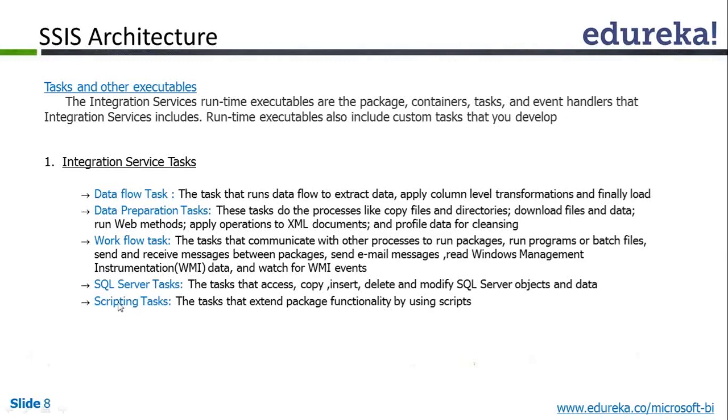So there are a few scenarios I'll show you. In those scenarios, you have to use a scripting task, which is available both in VB.NET and C#.NET. But this is very rarely used in the organizations. If something is not possible in SSIS by default, then we do it by scripting.